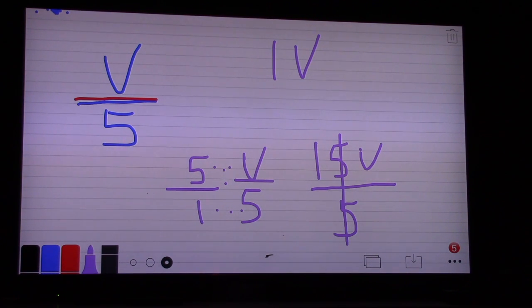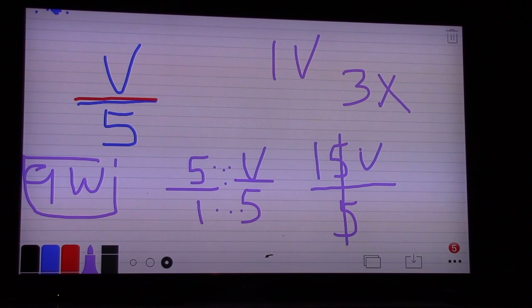Any number that's pushed up against a variable, 3x, means 3 times x. 9w, 9 times w. That's how we read that. So 1v is 1 times v, and anything times 1 is just itself, v. So by convention, we erase that 1.